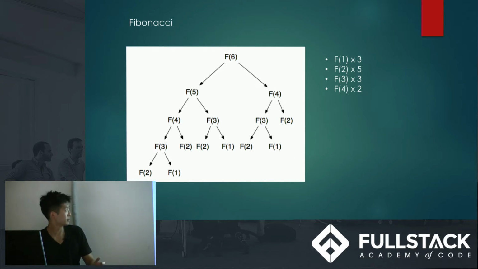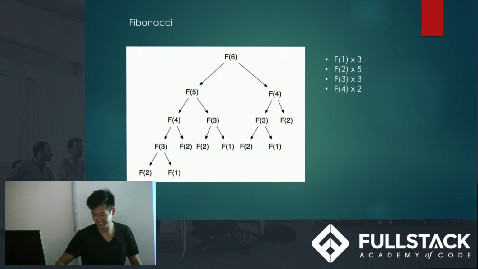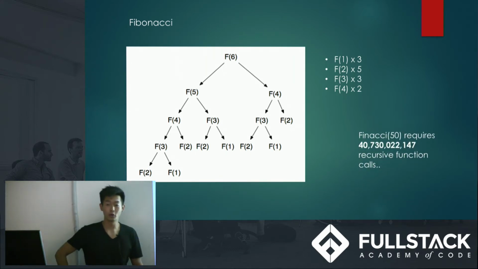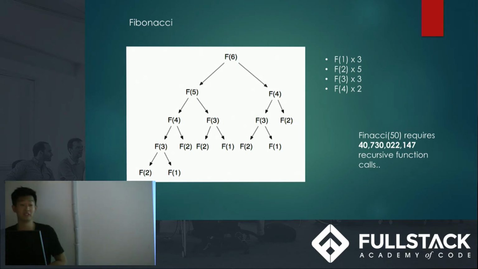Just for a little demonstration, Fibonacci of 50, if I were to say it would take 40 million recursive calls, would you bet higher or lower? I'll let you think. All right, we have our answers. That's right, over 40 billion recursive function calls to get fib of 50.